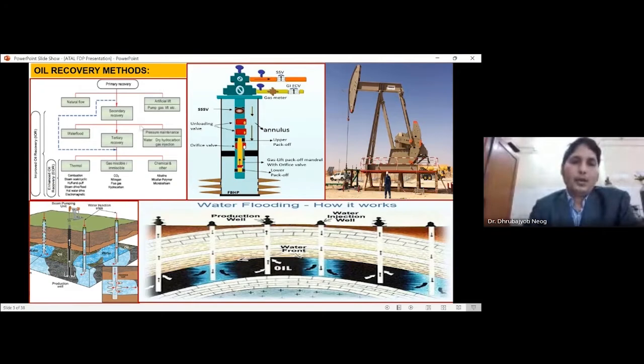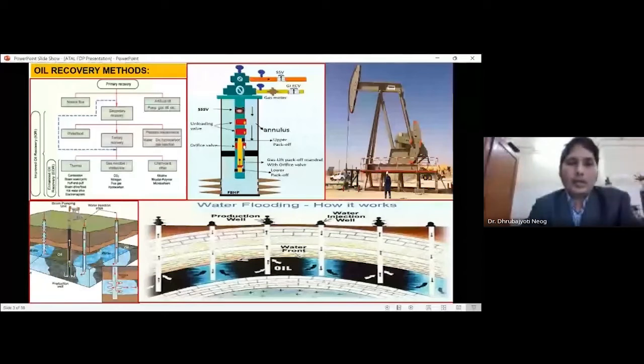If we discuss the old classification of oil recovery methods, the primary recovery method is where the natural energy of the reservoir is utilized in the production of crude oil. You have already seen the solution gas drive reservoir, water drive reservoir, gas cap drive reservoir, and combination drive reservoir.